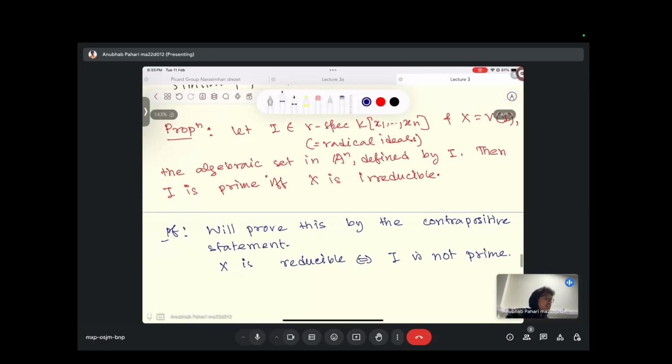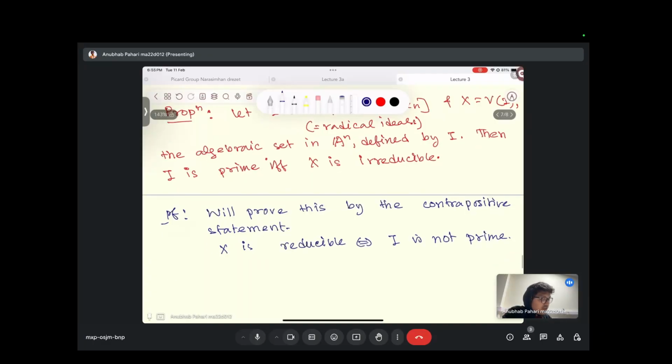So this is the negation of the statement we have given earlier, and one can see that we can recover the previous statement from this. We first prove the forward direction, that is, when X is reducible, then your ideal is not prime.